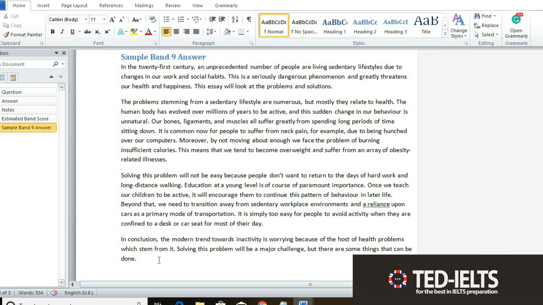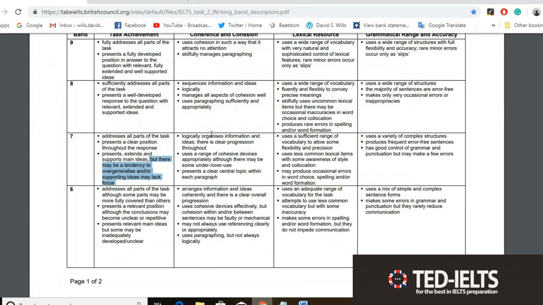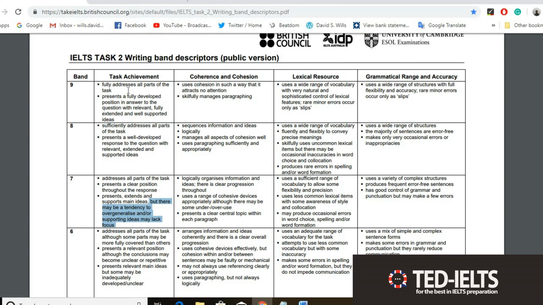It's important not to repeat yourself. I could have alluded to these more specifically, but I've fulfilled all the criteria in order to get a band 9 here. As you can see here, addresses all parts of the task fully, gives a fully developed position, and fully extended and well supported ideas.